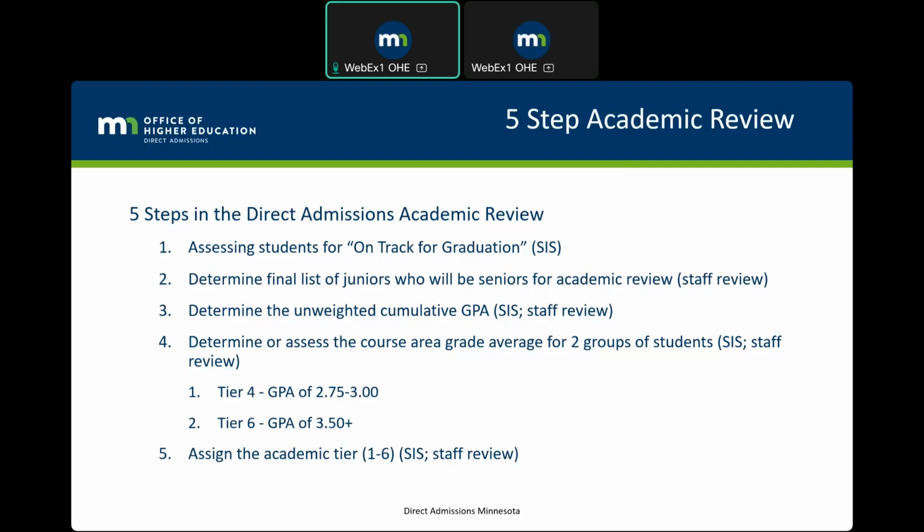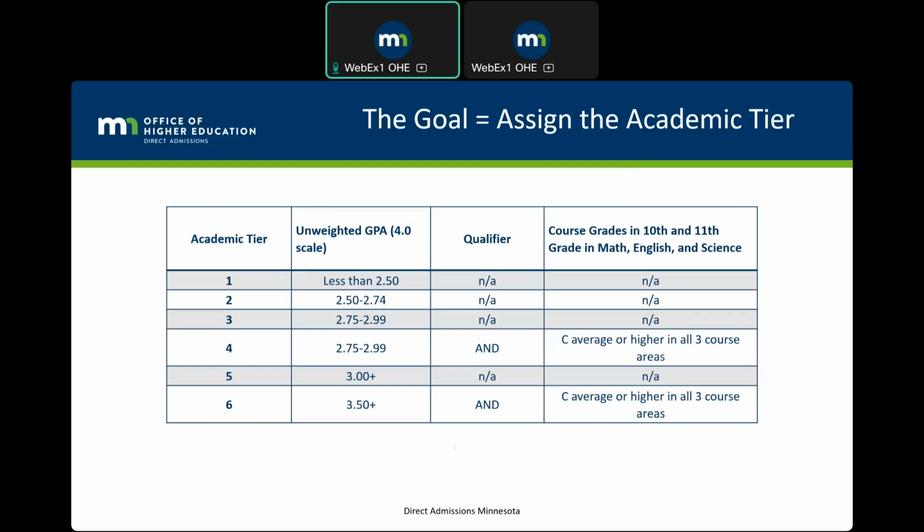The fourth step is assessing course grade averages for math, science, and English, and it's specifically for tier number 4 and tier number 6. And the fifth step is to assign the academic tiers, and that is done within the SIS system. Next slide.